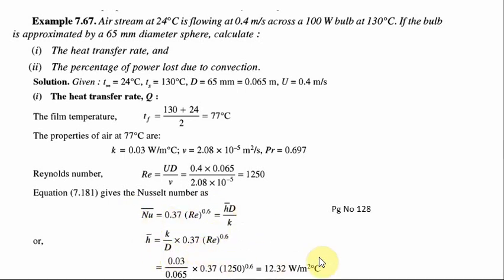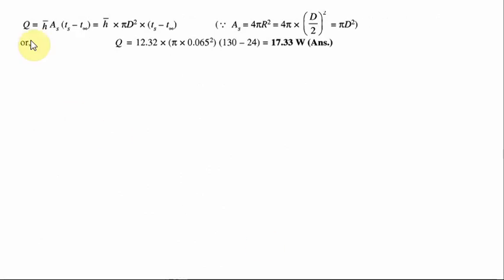Finally, you'll get H value as like this, and finally the Q is equal to H A delta T, where A is equal to 4 pi r square, which is equal to 4 pi into d by 2 all square, or pi d square. And substitute the values. Finally we will get the answer as 17.33.